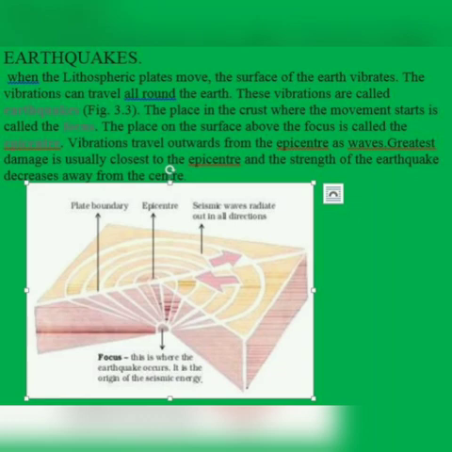The place on the surface above the focus is called the epicenter. Vibrations travel outwards from the epicenter as waves. So the greatest damage is usually closest to the epicenter, and the strength of the earthquake decreases away from the center.